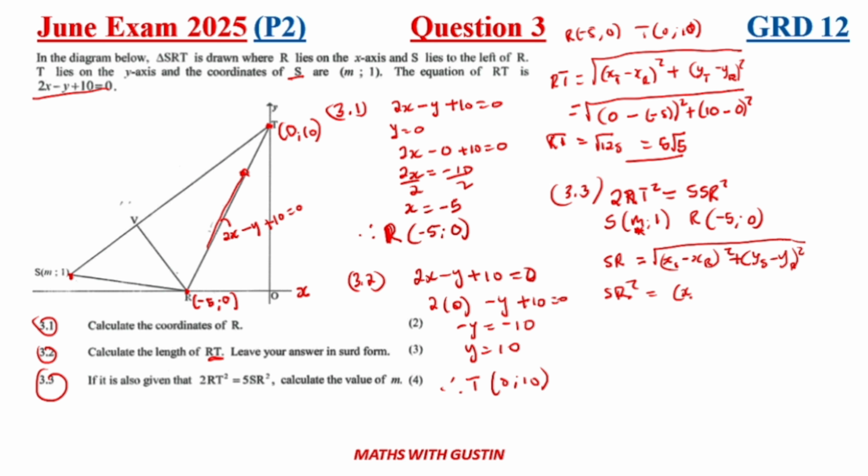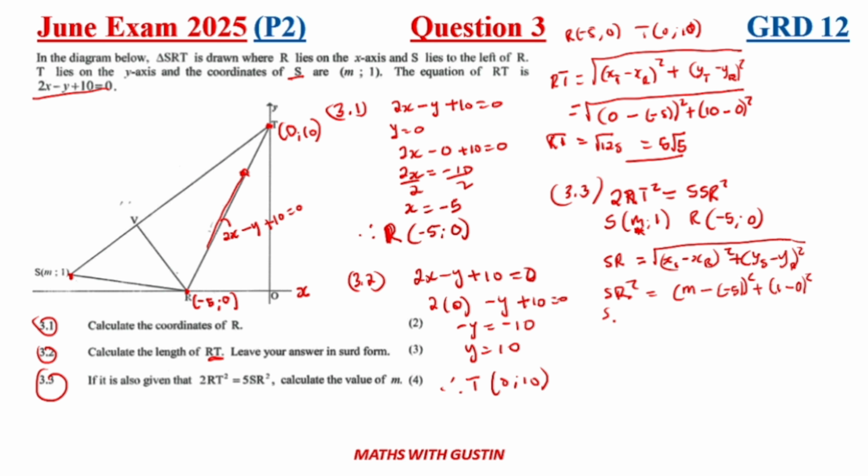Let me substitute. x at S is M, x at R is minus 5, all squared, plus y at S, which is 1, minus y at R, which is 0, all squared.